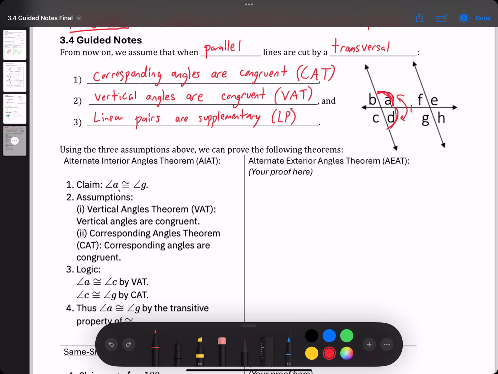You could say A and B, those make 180 degrees. And B is the same as F. So if A plus B is 180, and B is the same thing as F, then A and F have to make 180. All right, and that's our proofs.